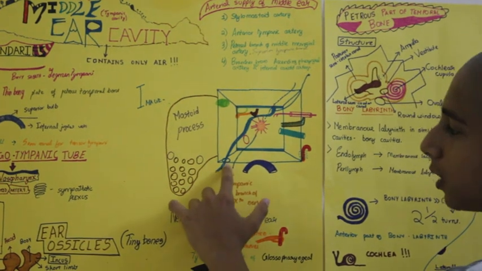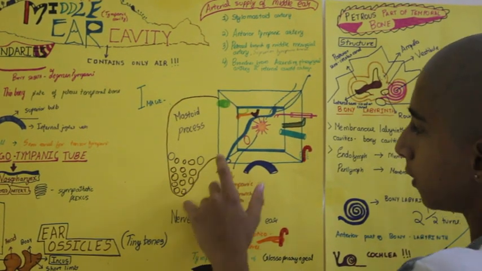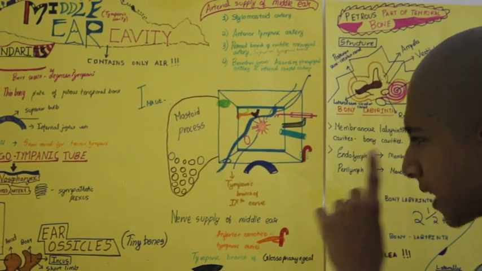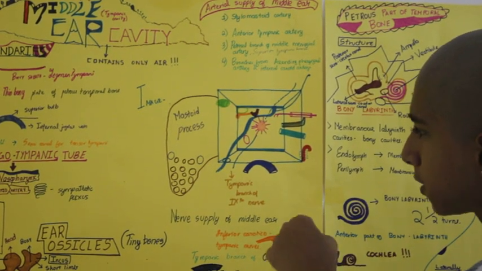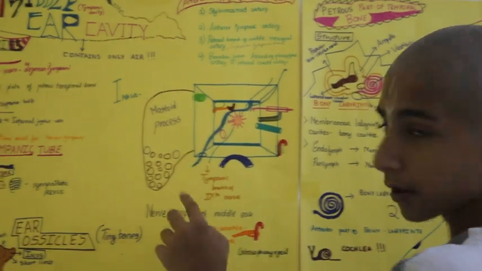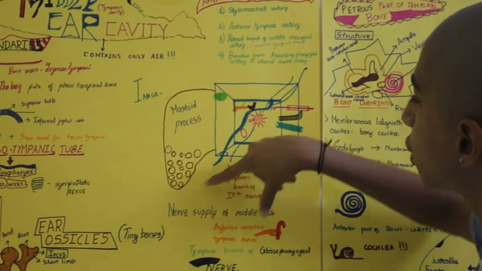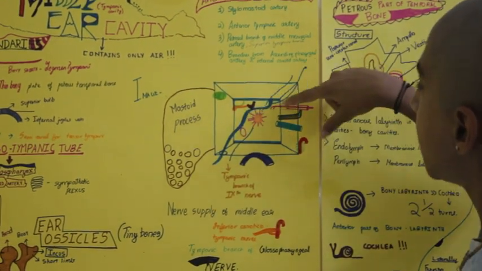And we have the facial nerve passing through this point over here. There's an opening in the floor, in exactly the posterolateral inferior part of the tympanic cavity, and the facial nerve passes through this, and it has a few branches.